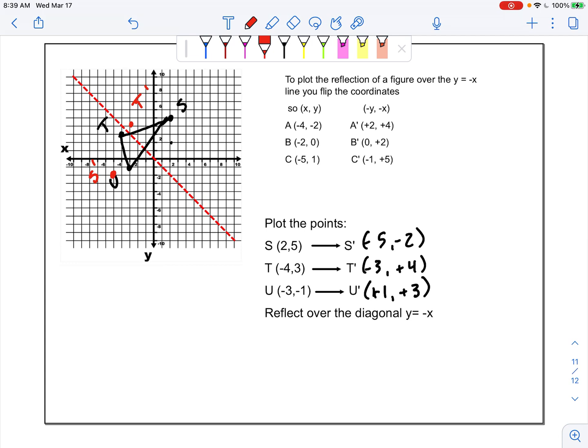And then U becomes positive 1, positive 3. So positive 1, 1, 2, 3. And here's my U. And when you redraw it, you can see that it's the same shape. Sorry about that. My lines aren't very straight, but you can see it just sort of flips on itself. It's like the line of reflection is this stick that goes through it and it just flops back and forth.